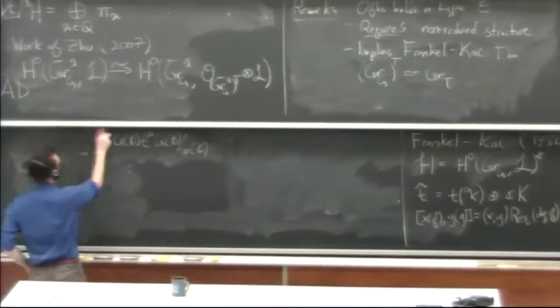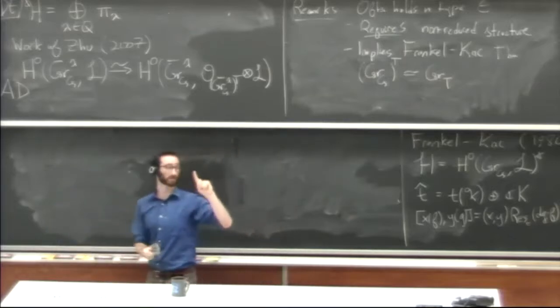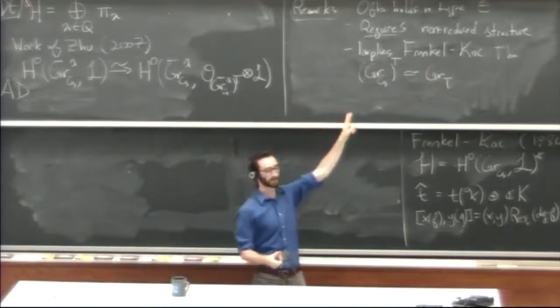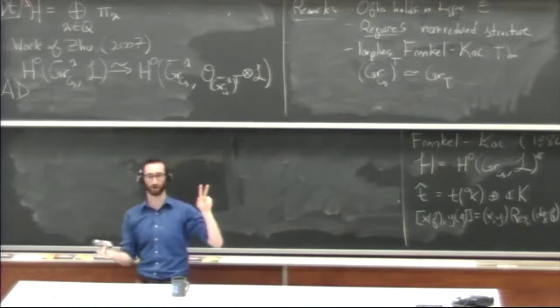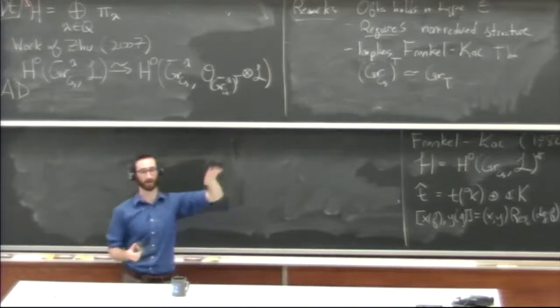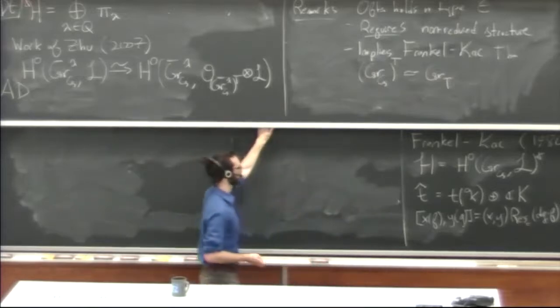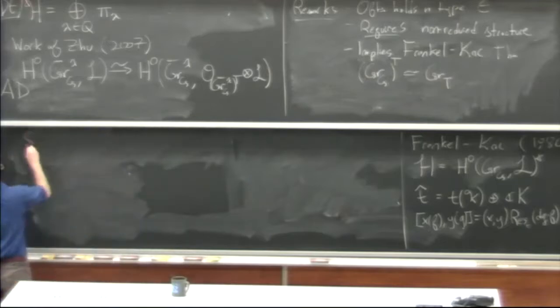Two other things that I'll remind you of: first of all, this only works as proven in types A and D, and it's expected in type E. And also this only involves L, the ample line bundle of central charge 1. I can't take arbitrary line bundles of higher central charge and have this theorem work. More stuff will appear. Okay, a sketch of a proof.